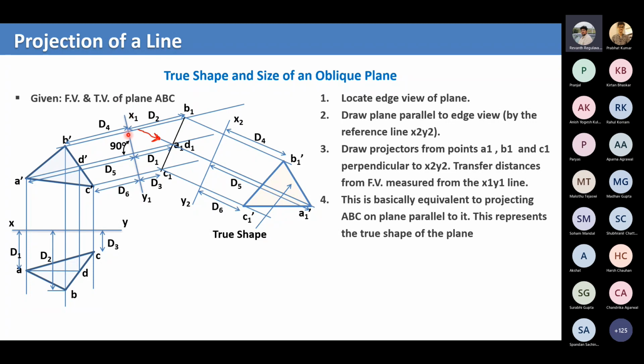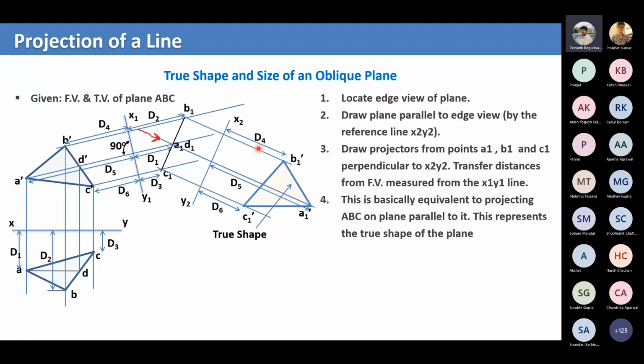Now from this X1, Y1, you have to measure these points A dash, B dash, and C dash. How far are these three points from our X1, Y1? Using these dimensions D4, D5, D6, you mark these points A1 dash, B1 dash, C1 dash, respectively. The construction is the same.